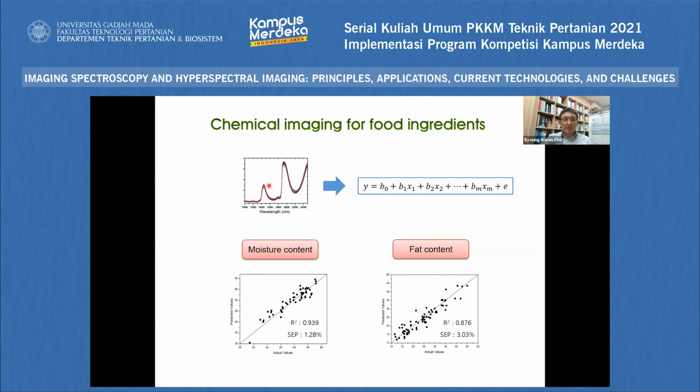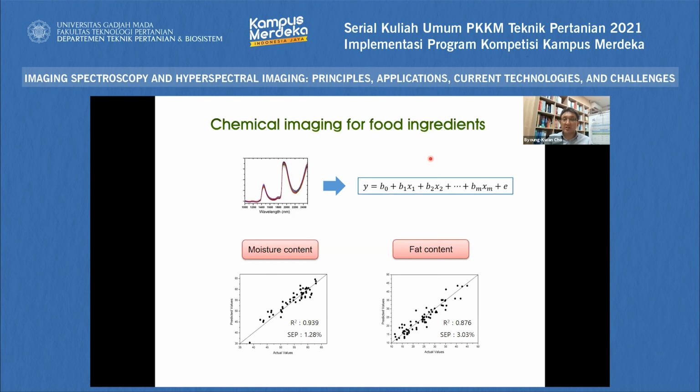Hyperspectral image is all about spectrum. Using pre-processing and modeling techniques, we can make an equation like this. Y is a target value, X1, X2, up to Xm are spectral intensities, and B0, B1, B2, up to Bm are coefficients.